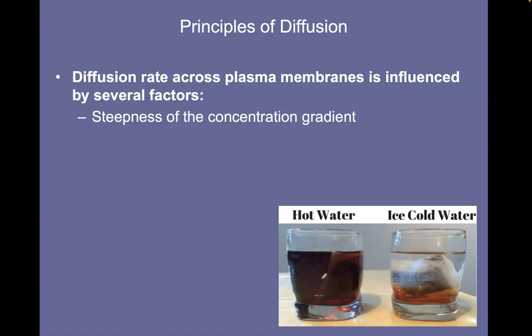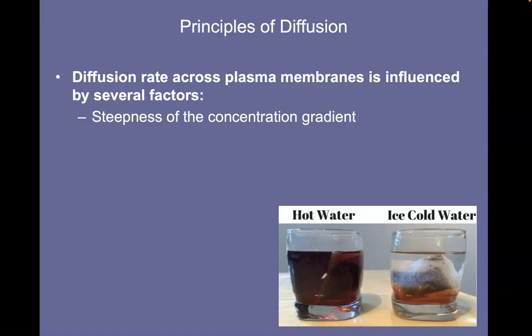Obviously, the steeper the concentration gradient, the faster diffusion will occur. So if a small dog breaks wind, and then my 115-pound dog breaks wind, she probably is going to release a lot more odoriferous particles in a greater concentration.